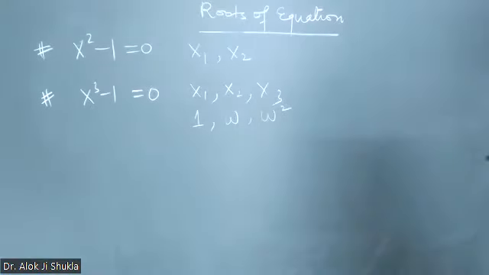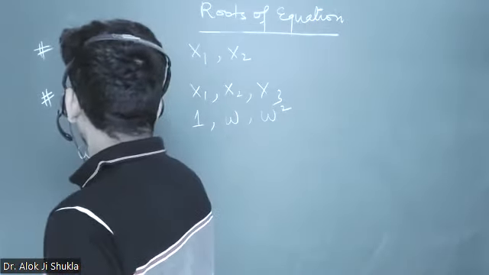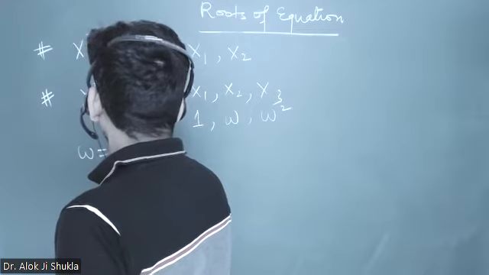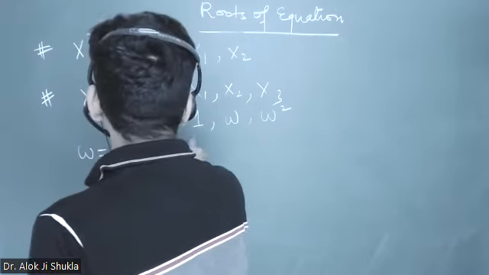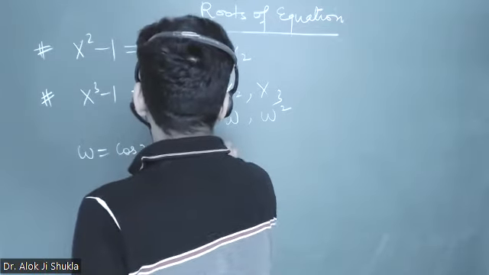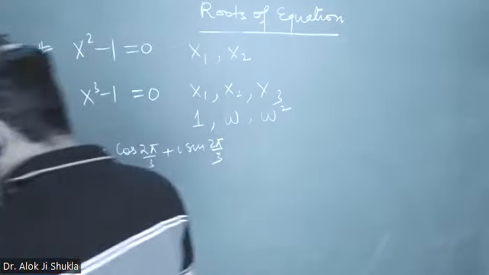So what are the values? First of all, let me write omega. It is cos 2 pi by 3 plus i sine 2 pi by 3. What will be this value? Tell me.